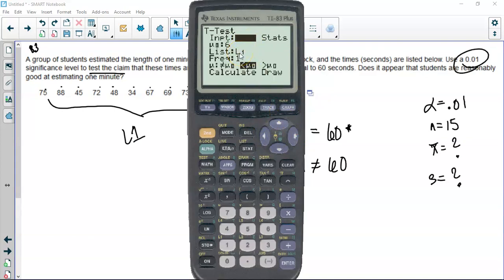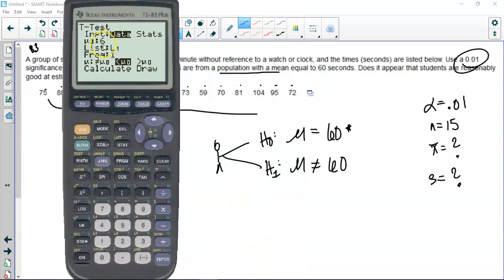You don't have to do anything with the data. All I need to do is update this to say 60, because that's the number in the null. And I'll have to scoot this over to not equal to, because that matches the alternate.